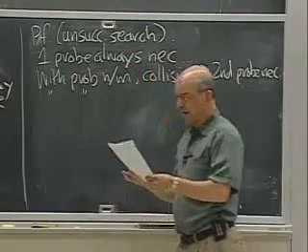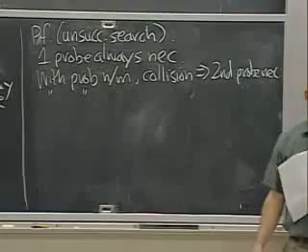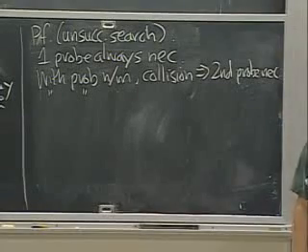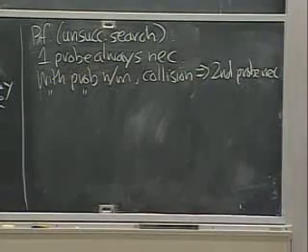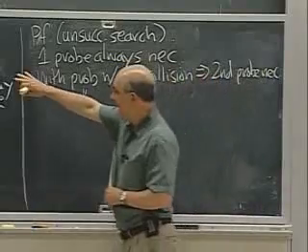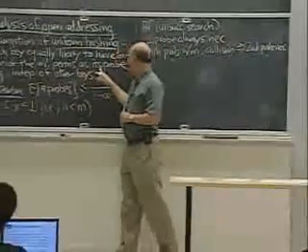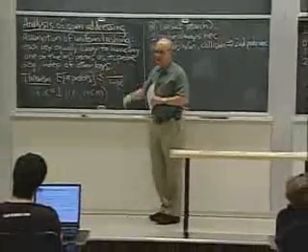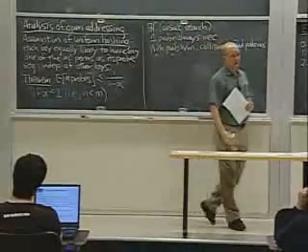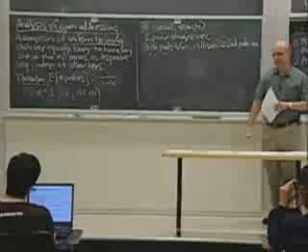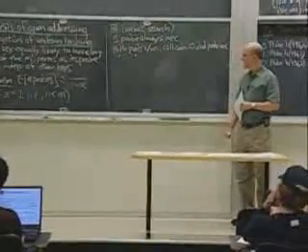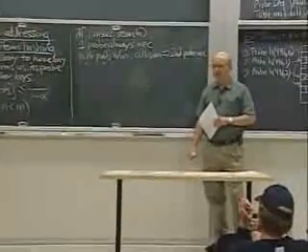And with what probability on the second probe do I get a collision? We're going to make the assumption of uniform hashing: each key is equally likely to have any one of the m factorial permutations as its probe sequence. So what is the probability that on the second probe I get a collision?